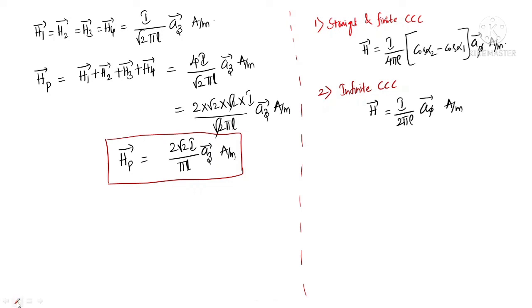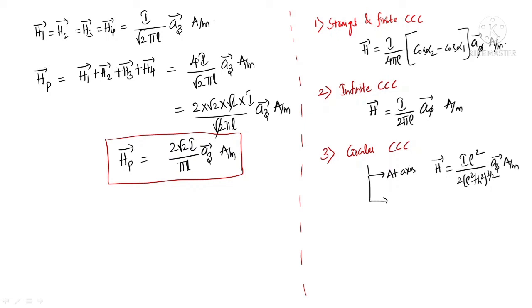Next, we have evaluated due to a circular current carrying conductor, or circular wire, and we got this exactly at the axis. So here two cases we have done: at a particular point on the axis, we got this value as I rho square by 2 into rho square plus h square whole power 3 by 2 into AZ bar ampere per meter.